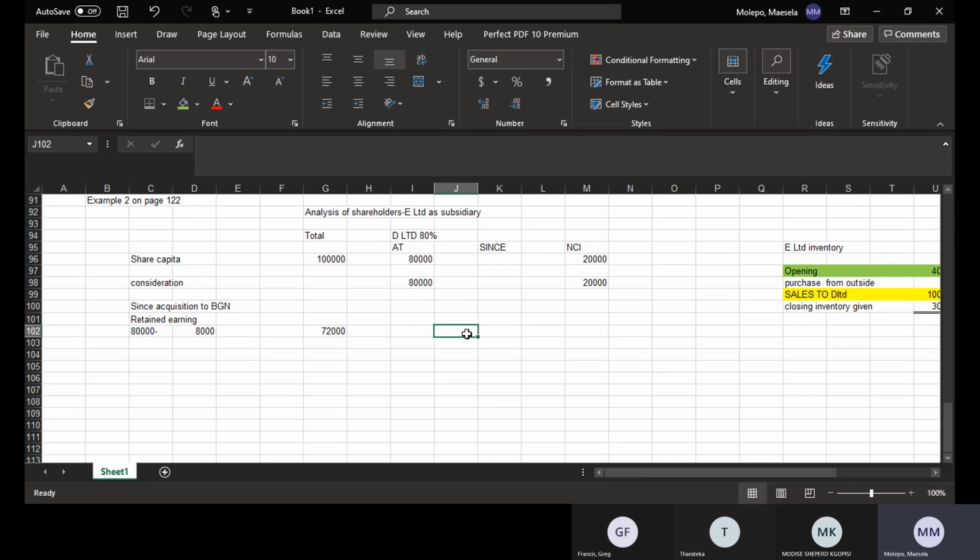Then the percentage 57.6, which we know how we arrived there, and then we have the difference of 14,400.